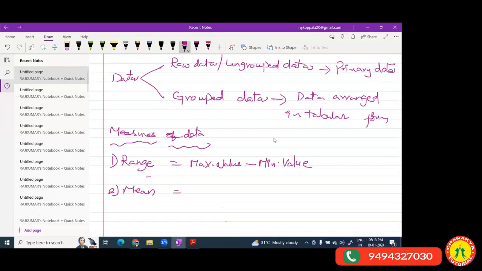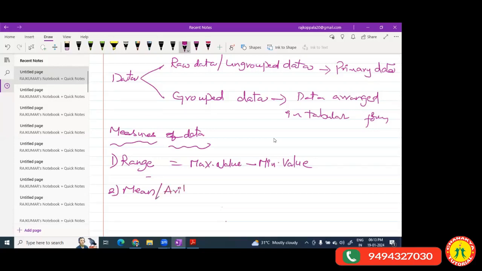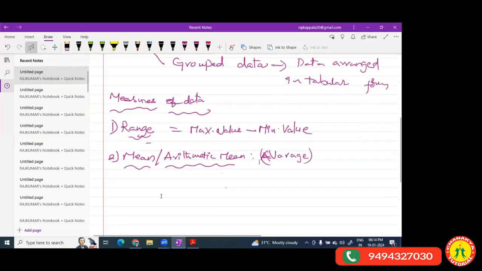Mean is also called arithmetic mean. It is nothing but average. Sometimes we calculate the average, like average speed, average time. So what is the arithmetic mean? In the given data, many numbers are there.